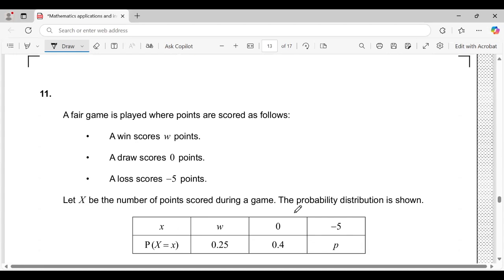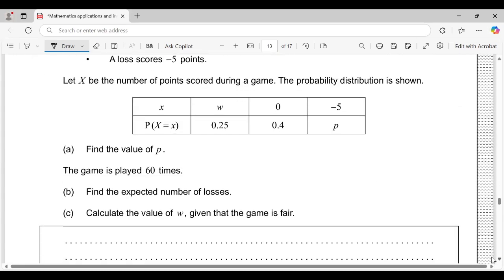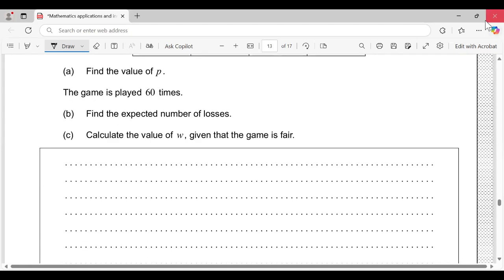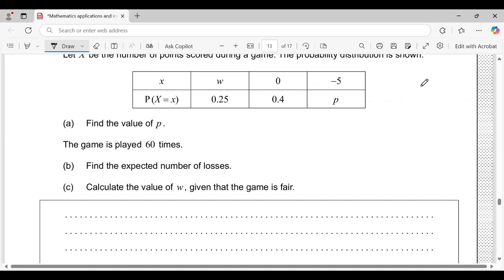The probability distribution is shown in this table, with the value of P. We can find the value of P, because the sum of the probabilities in any probability distribution must equal 1.